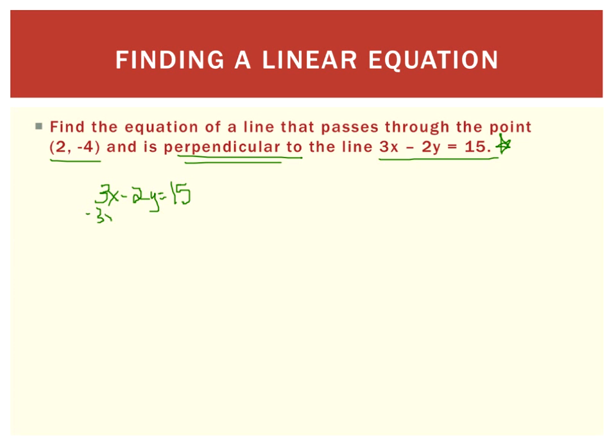So I'm going to start by subtracting 3x on both sides. This leaves me with negative 2y equals negative 3x plus 15. Next, I'm going to divide everything by a negative 2. So I have y equals 3/2 x, and I get 3/2 because a negative divided by a negative is a positive.